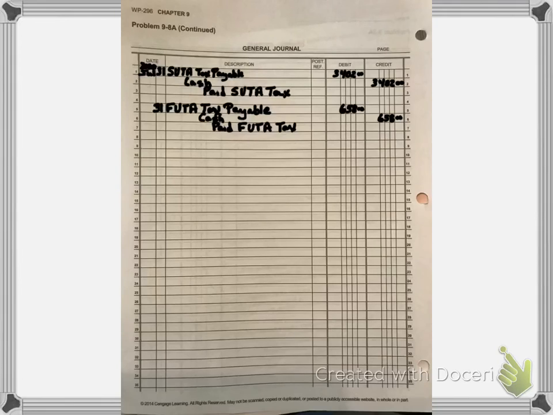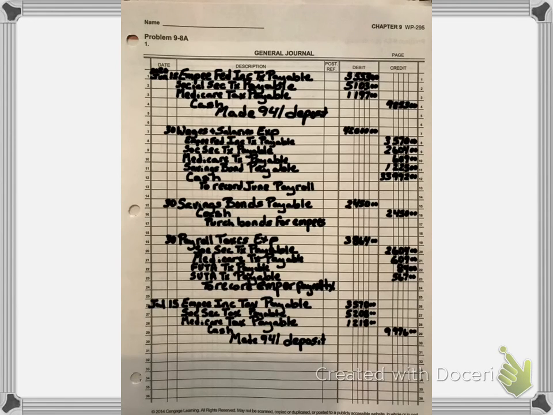I'm just going to do the first line with you. So our very first line is on June 15th, a debit to employee income tax payable, $3,553. So we would go find the account for employee federal income tax payable, and we're just going to write the date of the transaction.